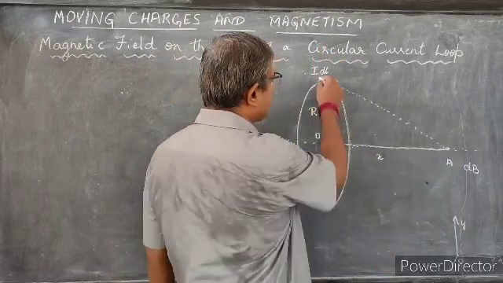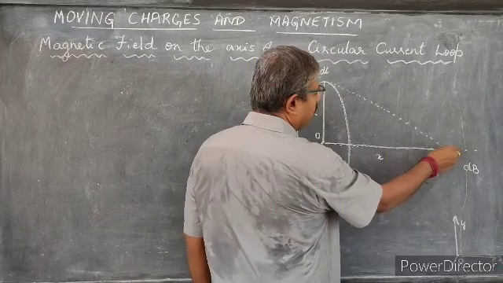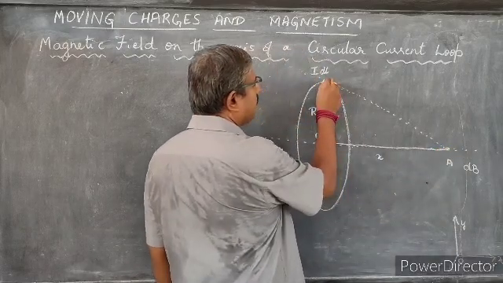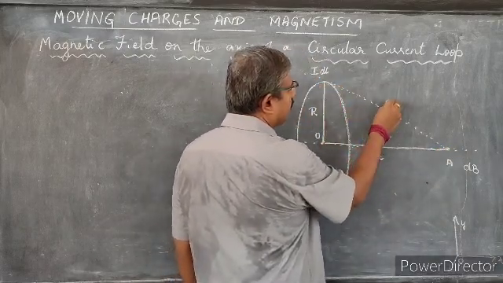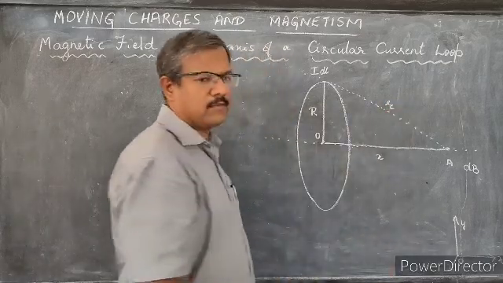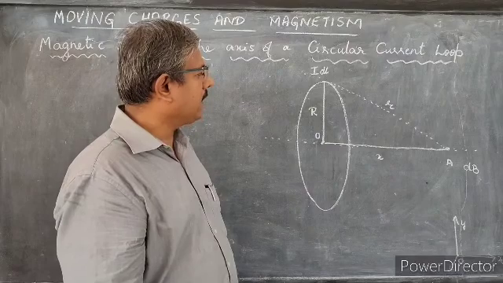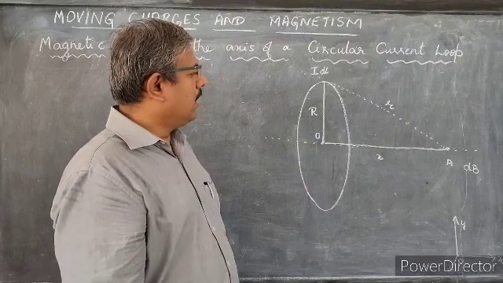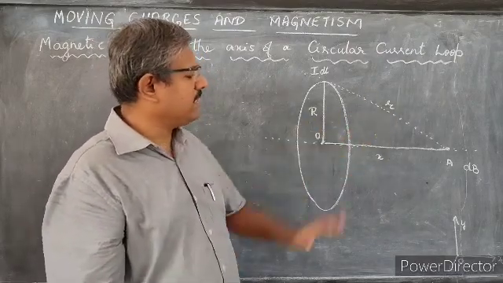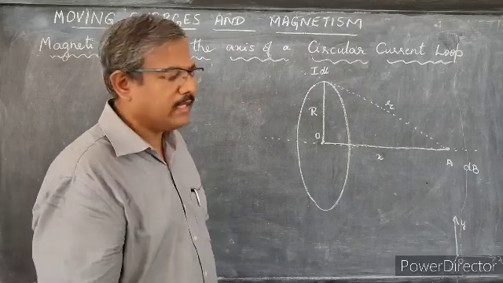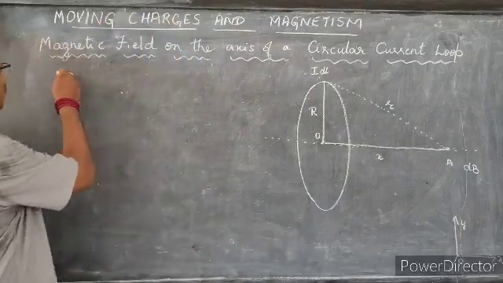We'll assume this distance to be small r, and these are some of the assumptions we start off with.